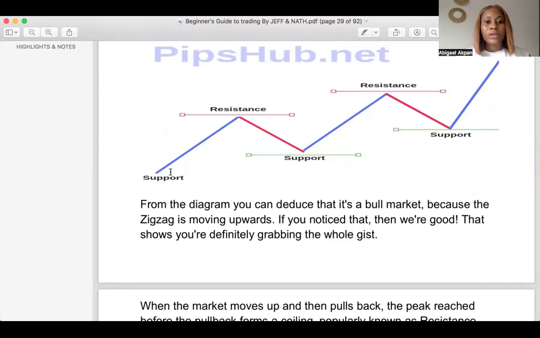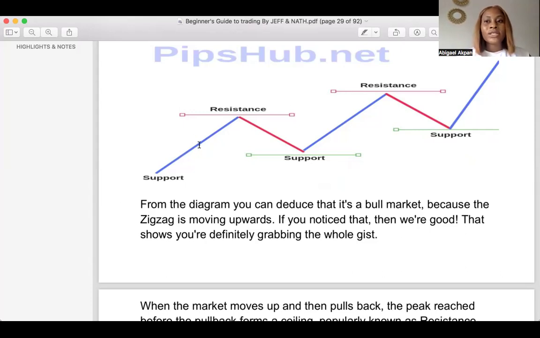Now, from this picture we are seeing here, you can see that this move is an upward move. I guess you understand what an upward move means. So now, this is a higher low, this is a higher high, this is a higher low, this is a higher high, and this is another higher low and another higher high.